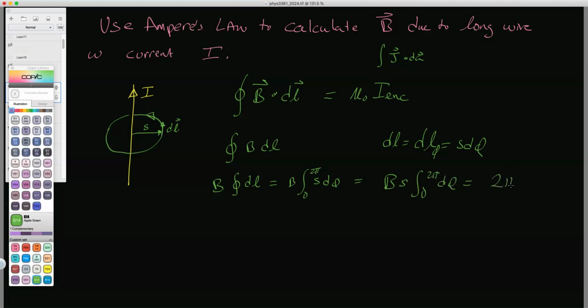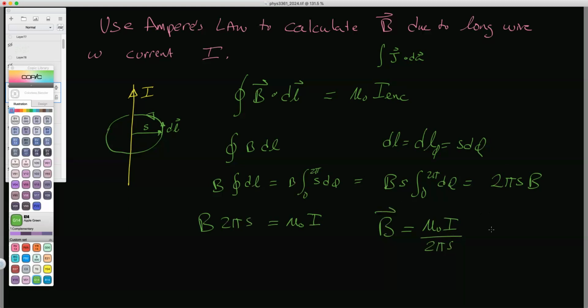So we get 2 pi S B on one side, so B times 2 pi S is equal to mu 0 I. So B is mu 0 I over 2 pi S.